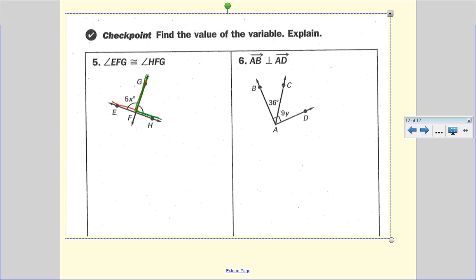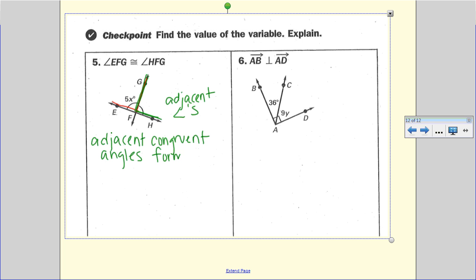Well, these are adjacent angles, all right, then we know that adjacent congruent angles formed by intersecting lines, they both equal 90 degrees.